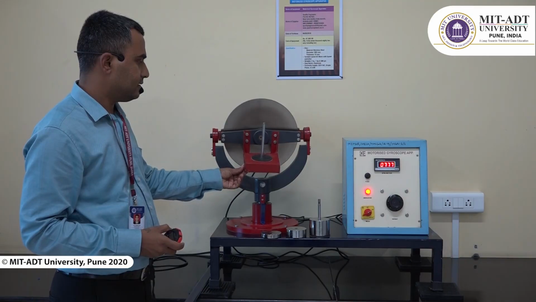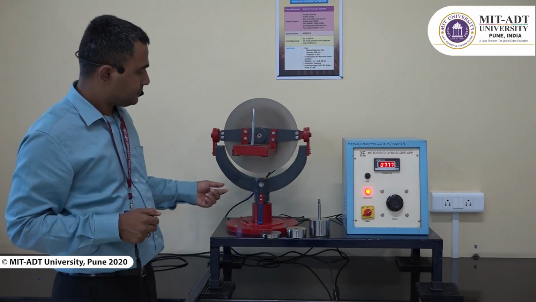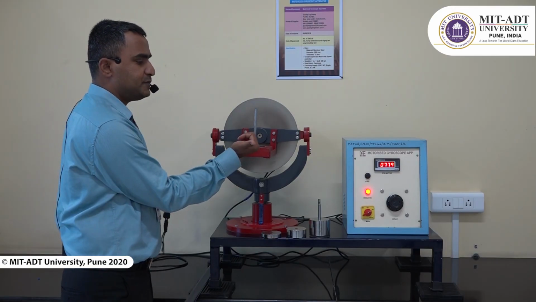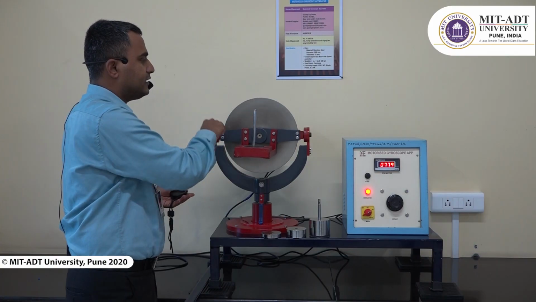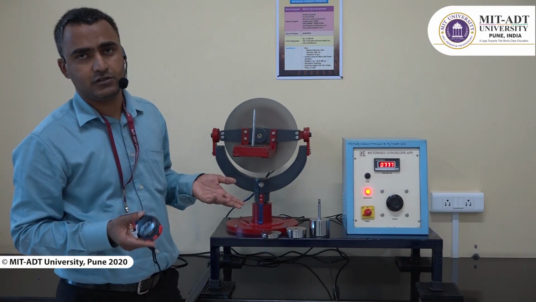So for that, we need to understand the axis of spin, where we will get to know what is the angular velocity of the disk. Okay. With the help of this RPM reading, we are in a position to calculate the angular velocity of the disk. That is omega.